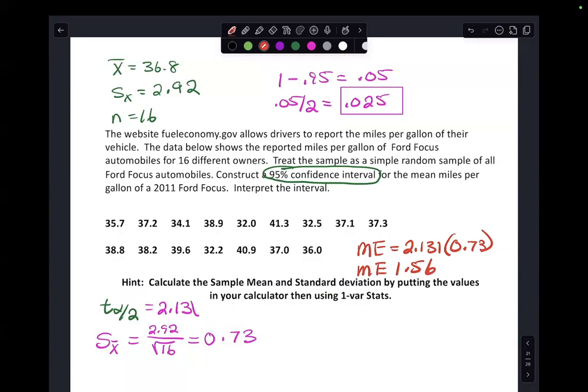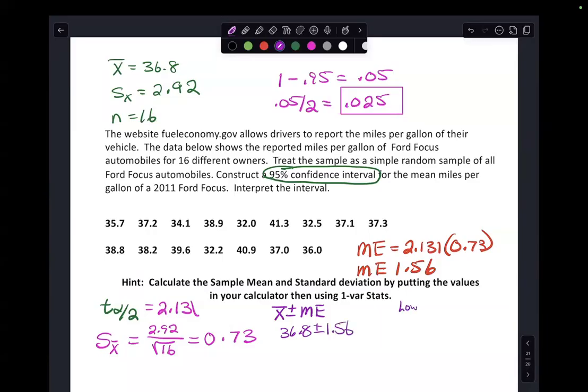Okay. So remember, we could do the mean plus or minus the margin of error. I could do x bar plus or minus margin of error, which gives me 36.8 plus or minus 1.56.